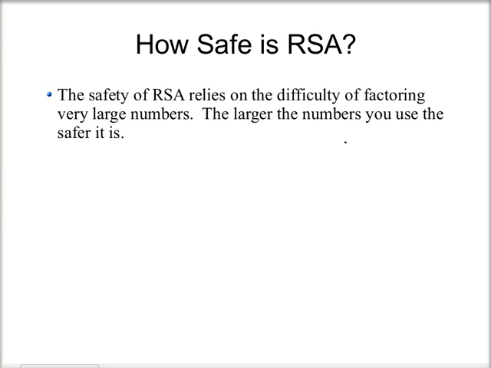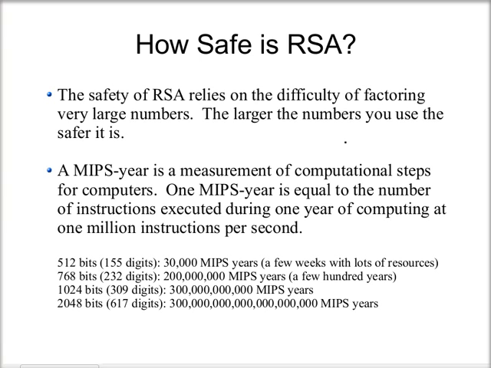So how safe is RSA encryption? Well, the safety relies on the difficulty of factoring very large numbers. So the bigger the numbers you use, the safer it is going to be. So exactly how safe is that? Well, a MIPS year is a measurement of computational steps for computers.